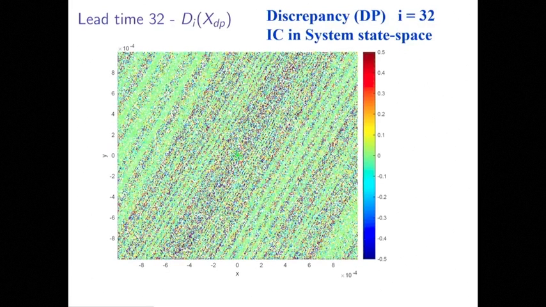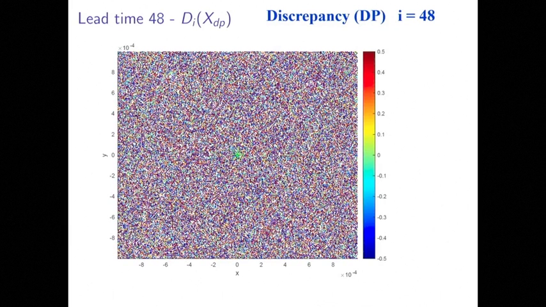But by 32, I'm starting to get this weird structure, and I have points that are as far away as they can be. And at 48, I effectively have some random, potentially fractal structure. The discrepancy is extraordinarily complex in a very simple nonlinear two-dimensional model.